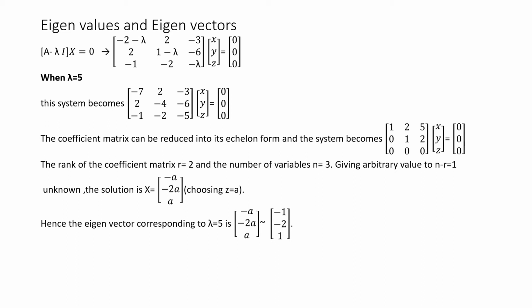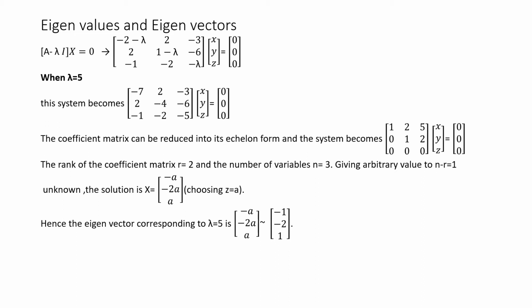As in the previous case, reduce the coefficient matrix into its echelon form and substitute back. We get 1, 2, 5; 0, 1, 2; 0, 0, 0 into column x, y, z equals 0. Here, the rank of the coefficient matrix is 2 as there are 2 non-zero rows in the echelon form, and the number of variables is 3, namely x, y and z. n minus r equals 3 minus 2, which is 1.